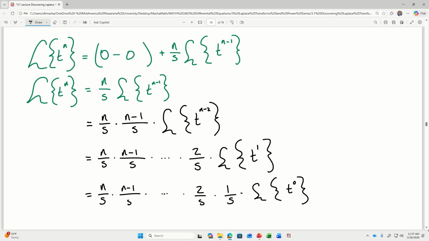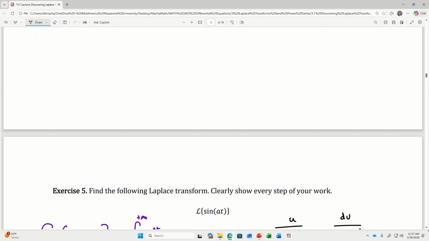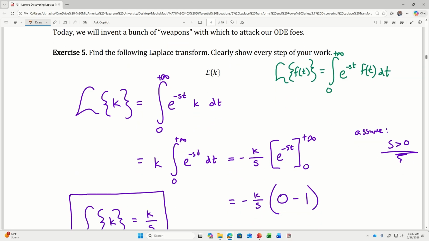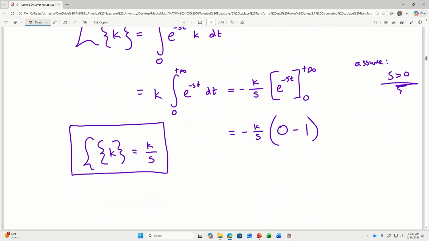Okay, so now realize t to the 0 power is just 1. So here we're thinking about the Laplace transform of 1. And we've already found this, so I'm not going to make you find it again. The Laplace transform of just a constant, like the Laplace transform of 1, is 1 divided by s. So let's go sneak that back in.